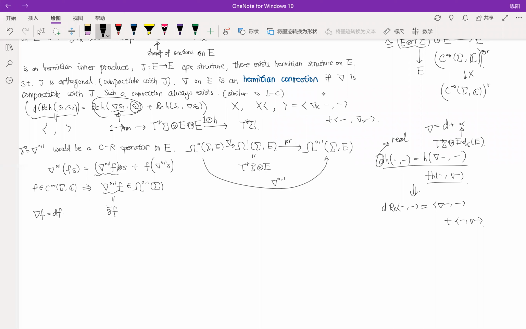So, okay, yes. If we require it to be complex linear, then the condition will be equivalent.